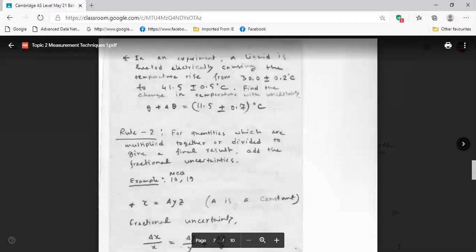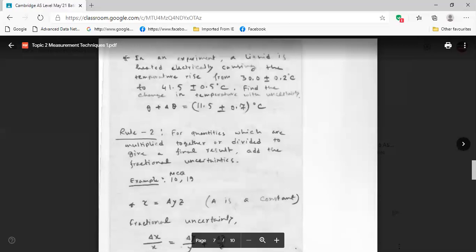Now, rule 2 is for multiplication and division. Just now we finished the addition and subtraction, like the current and temperature. Now we are going to have some examples where the equations involve multiplication and division.